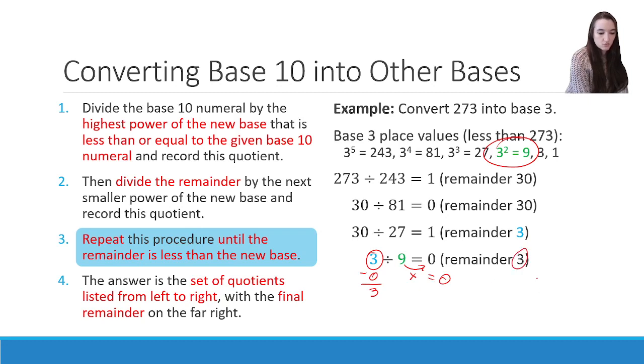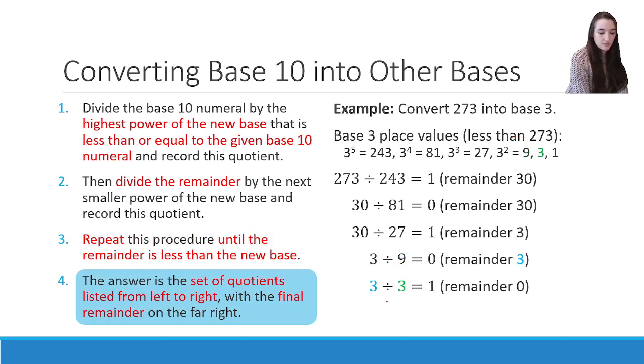So we keep our whole remainder and we go on to the next step. 3 divided by 3 equals 1 with a remainder of 0, because 3 divided by 3 is just 1 and there's nothing left over. There's no decimal position. So we can then do that last part, 0 divided by 1 equals 0.